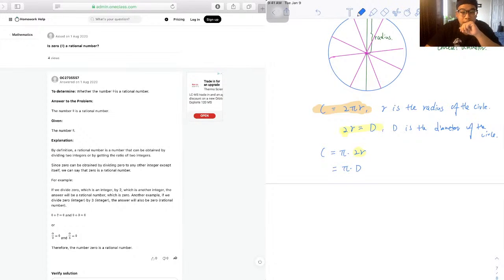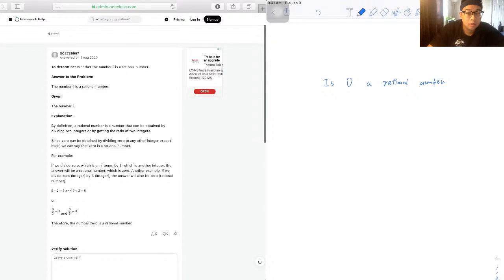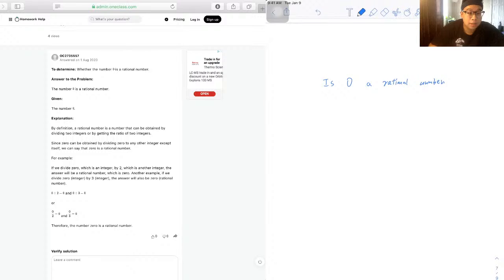Right. So our last question for today is asking us, is 0 a rational number? From our definition, a rational number is a number that can be obtained by dividing two integers.